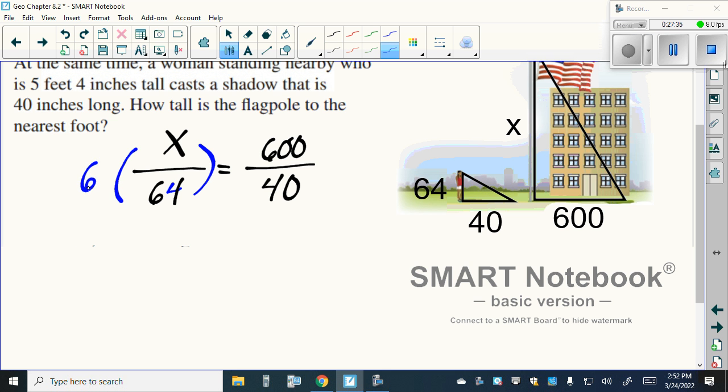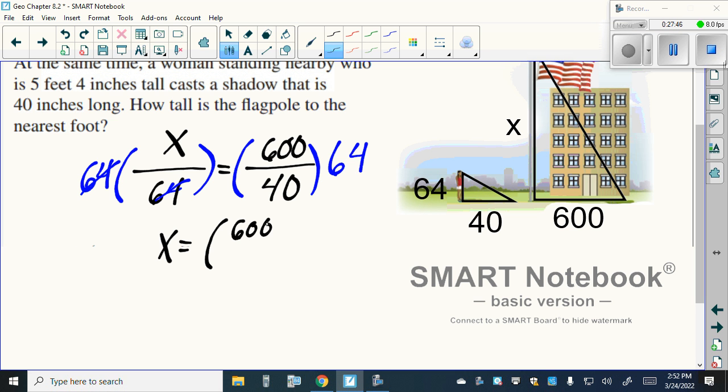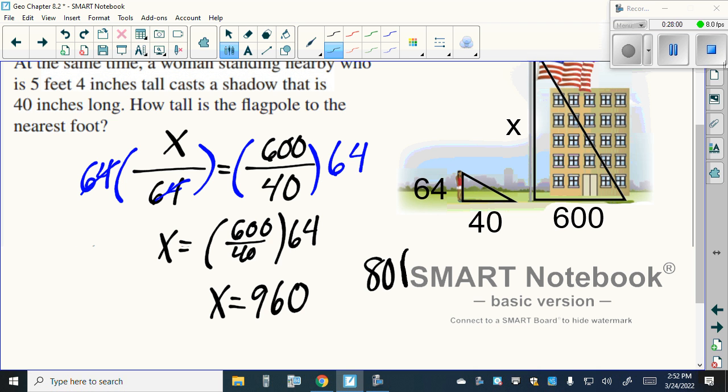To multiply both sides by 40. These would cancel, telling us x is equal to 600 over 40 times 64. I think it gives us 960, yes? Or 80 feet.